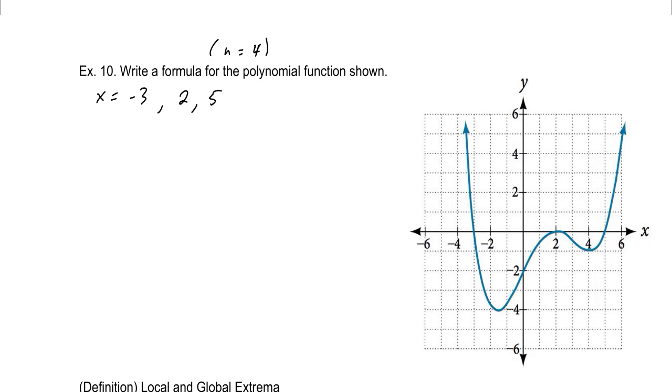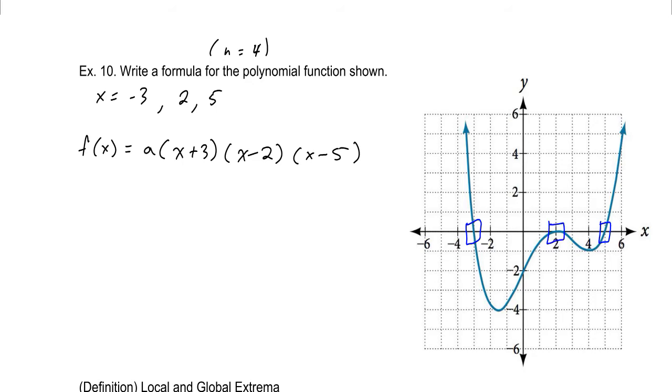So our factors, go ahead and write our equation. We're going to have a times (x plus 3) to some exponent, (x minus 2) to some exponent, and (x minus 5) to some exponent. Based on the local behavior, these two appear to be linear, and that one appears to be quadratic.